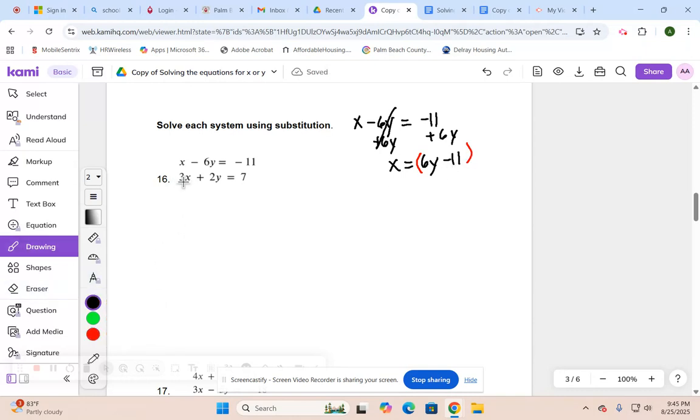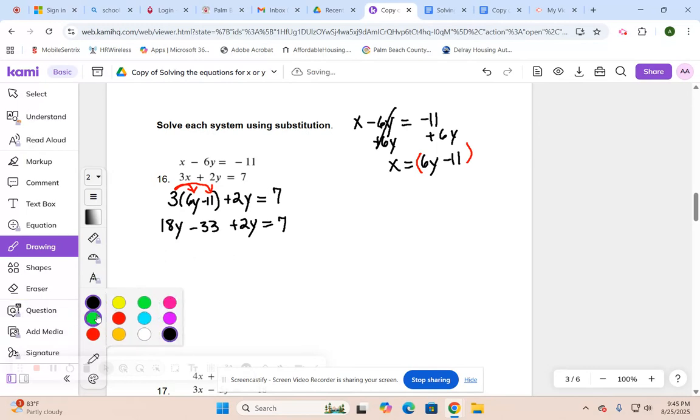So in my second equation, I'm going to have 3 times my replacement value for x, right there, 6y minus 11, and I'm going to copy the rest of the equation. And now I'm going to solve it like we know how to solve it. Distribute here and here. So we'll have 18y minus 33 plus 2y equals 7.